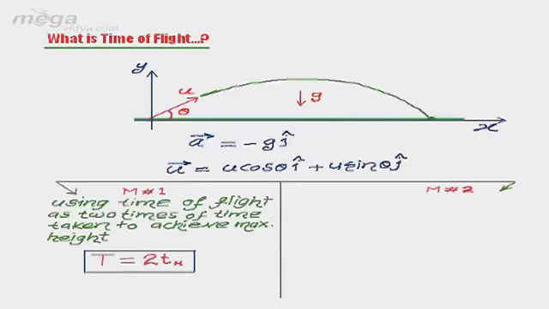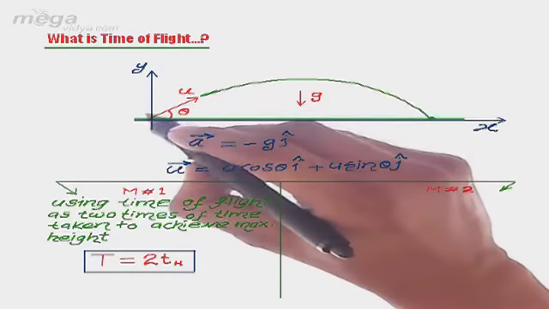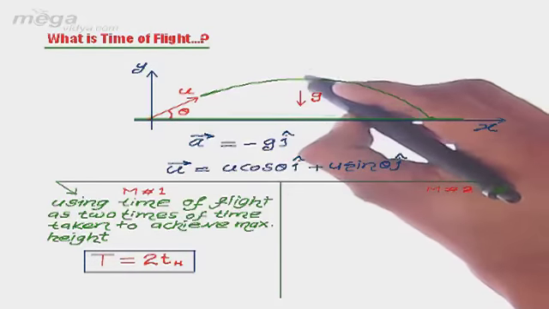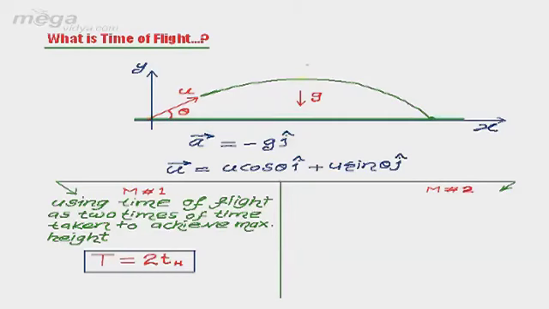In the first method, we use that time of flight is 2 times the time taken to achieve maximum height by this projectile, meaning the time in which this particle reaches its maximum height position.